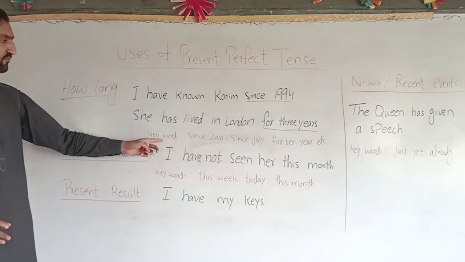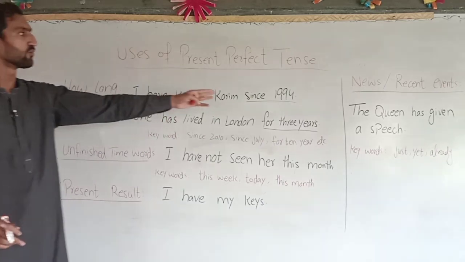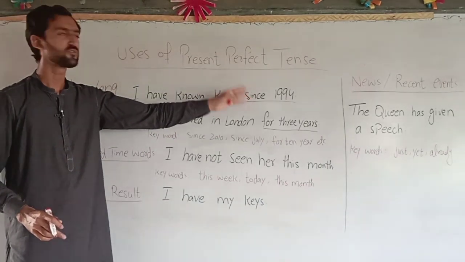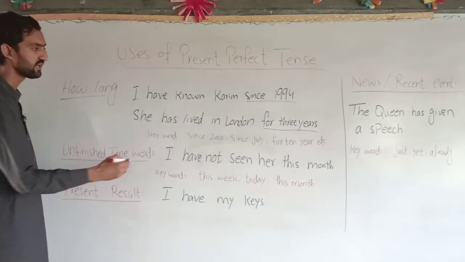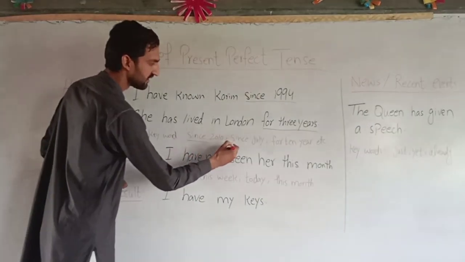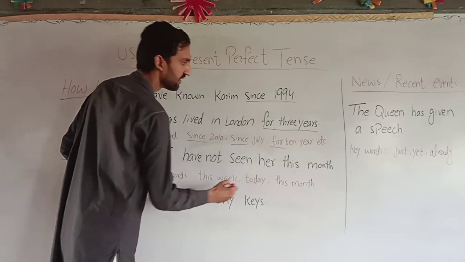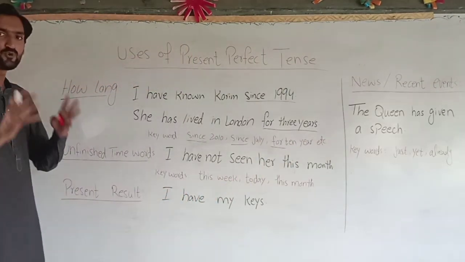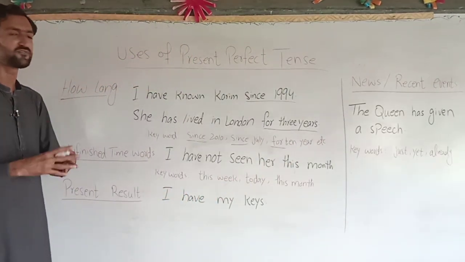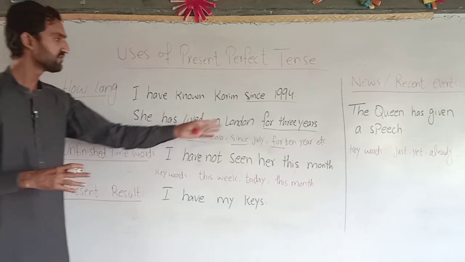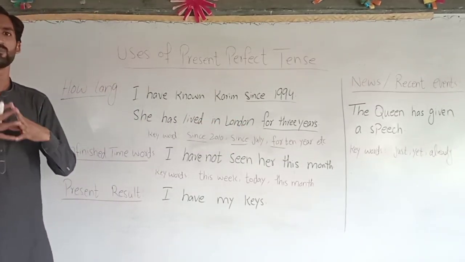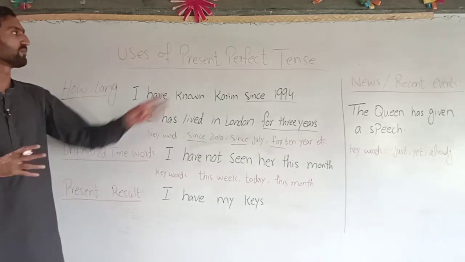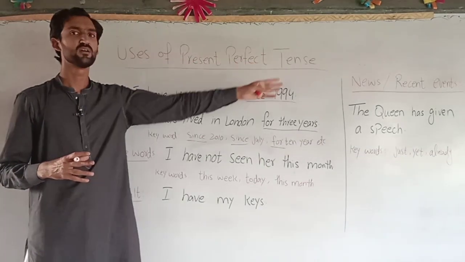So here we have a few key words which help you to understand and make sentences of present perfect tense. So let's see the few key words. First we have since, for, etc. If you understand the use of since and for, you will be able to make a sentence which is part of present perfect tense.